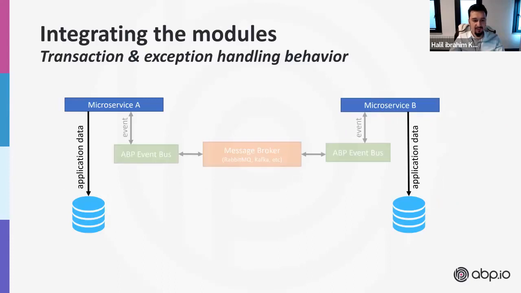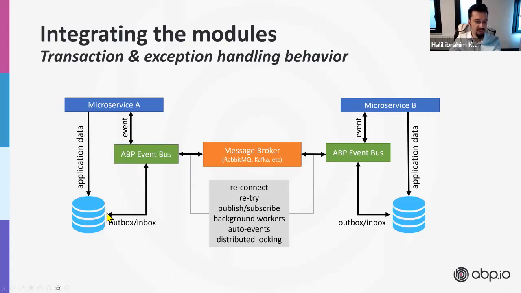With the ABP framework, when we publish an event to the ABP event bus, it first writes your event to an outbox table within the same database transaction as your business code. So the event is saved only if the transaction succeeds. In a background worker, ABP then gets the message from the outbox and sends it to the message broker.